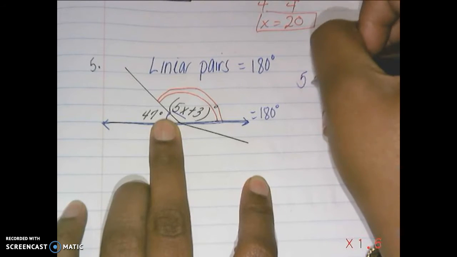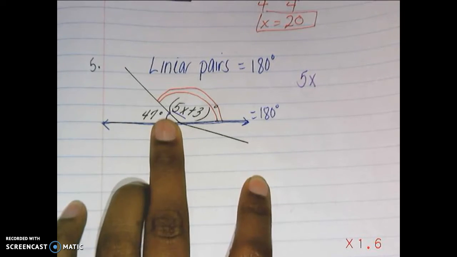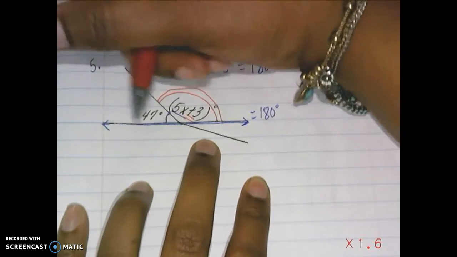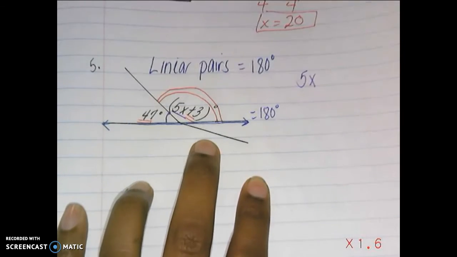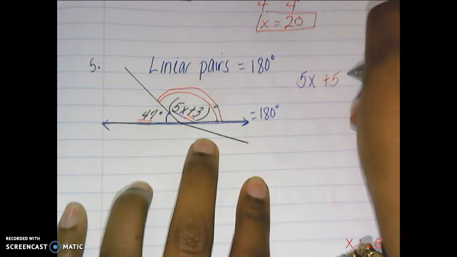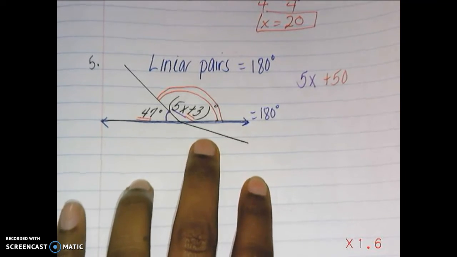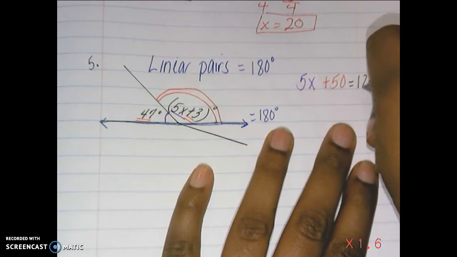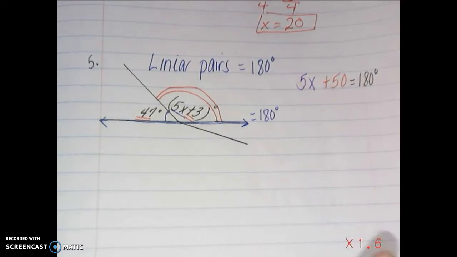So my equation is going to have 5x, and then I have 3 here and 47 here. I'm going to add 47 and 3 together and get 50, and set these two angles equal to 180 degrees. That's their sum.